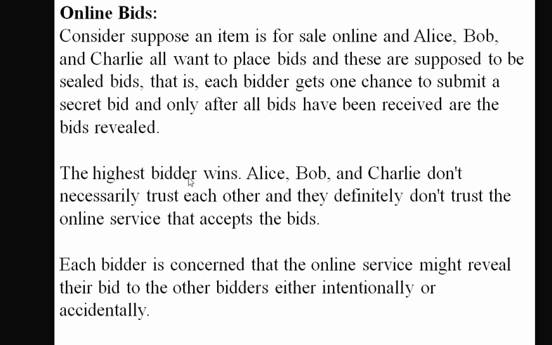The highest bidder wins. Alice, Bob and Charlie don't necessarily trust each other, and they definitely don't trust the online service that accepts the bids. Each bidder is concerned that the online service might reveal their bid to other bidders, either intentionally or accidentally.